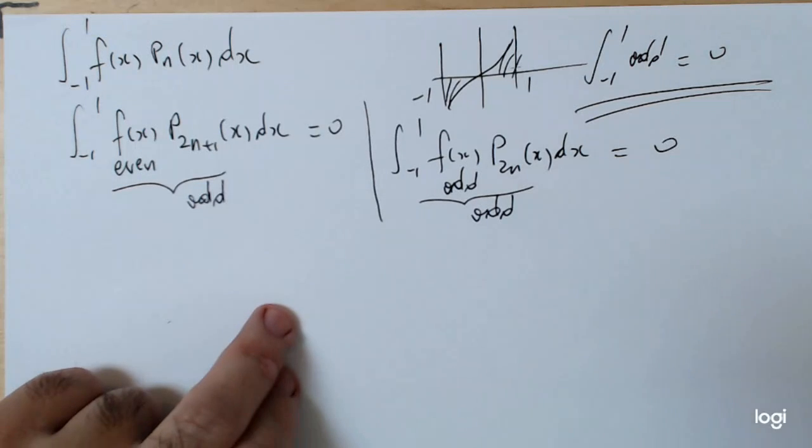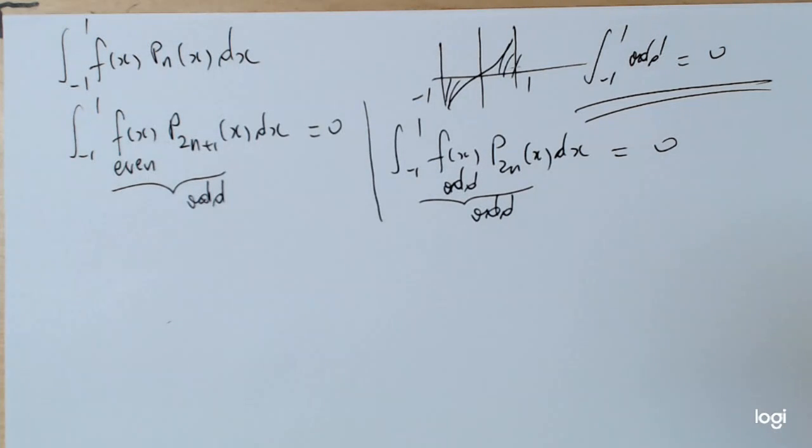And this will be again 0. So an odd function will have a trivial representation, basically, if you have to compute its even Legendre series and vice versa. If you have an even function and you look at the odd coefficients for the odd Legendre series.